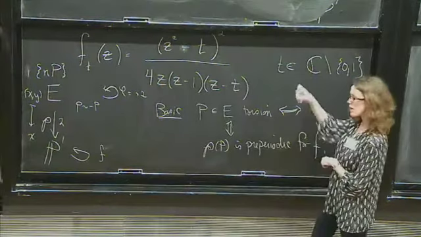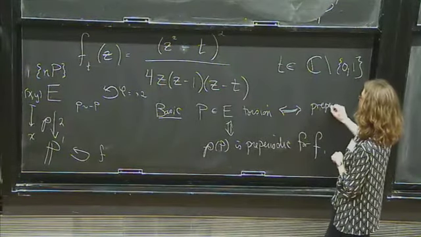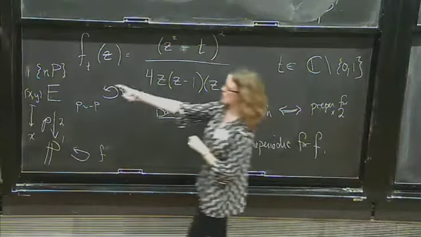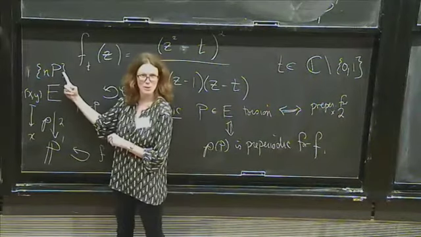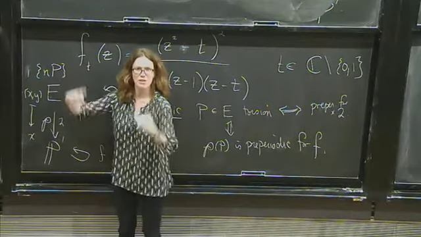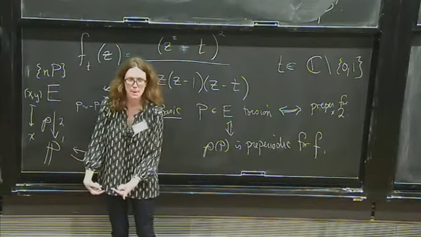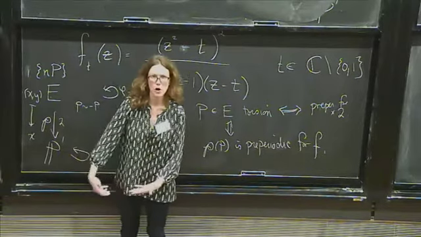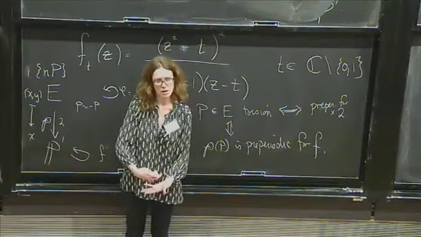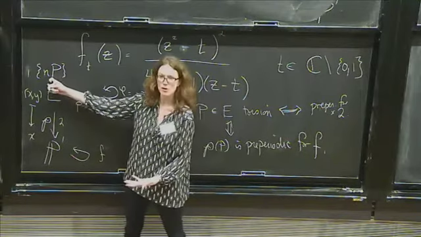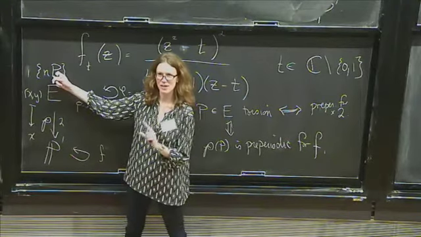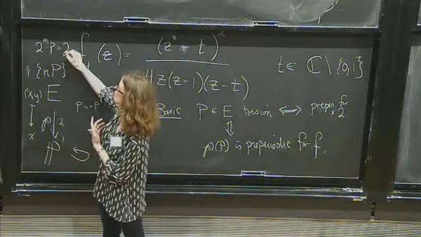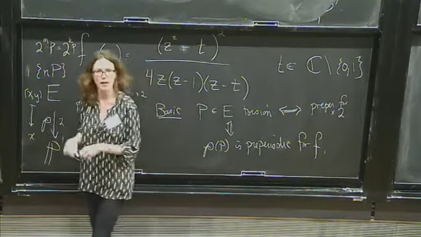Being torsion upstairs is the same thing as being pre-periodic for multiplication by 2 upstairs. Because if this entire list is finite, then certainly just taking the powers of 2 is going to be finite. So that's why it's pre-periodic downstairs. And the converse is exactly the same, because it's just multiplication by 2. Knowing pre-periodic downstairs tells me exactly that the list of the powers of 2 times P is finite. So there must be a relation of the form 2 to the m times P is equal to 2 to the k times P. So therefore, I get torsion.